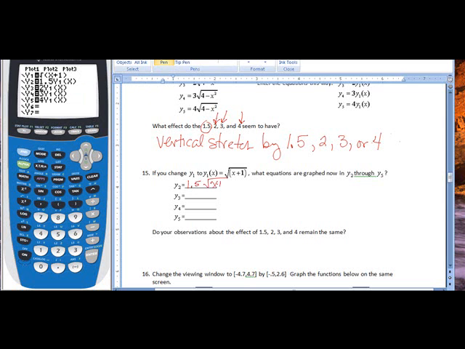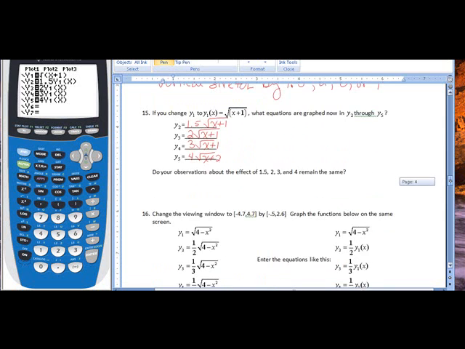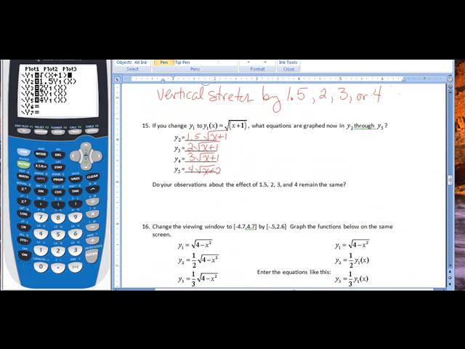And then I've got 2 times the square root of x plus 1, 3 times the square root of x plus 1, and 4 times the square root of x plus 1. So what we're looking for now as we graph this is, do we think we see the same vertical stretch by a factor of 1.5, 2, 3, or 4?